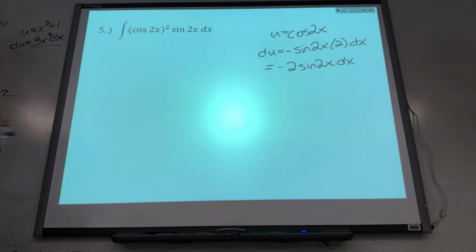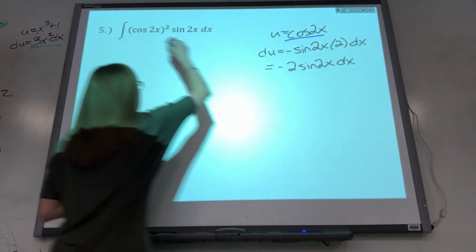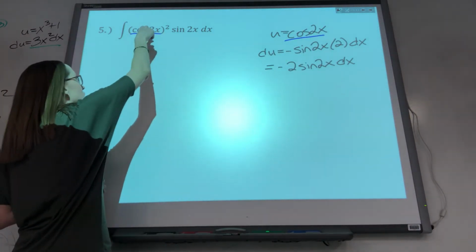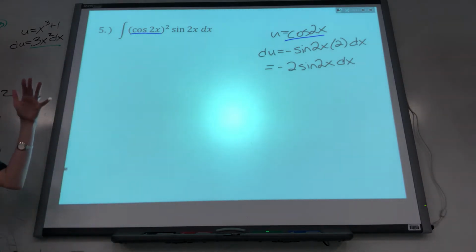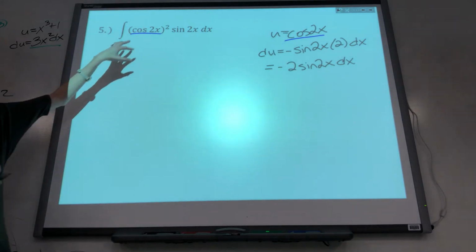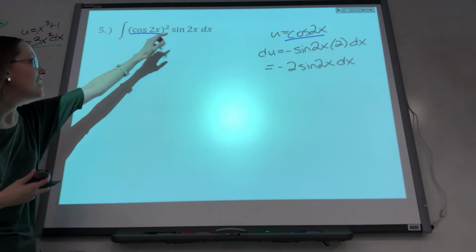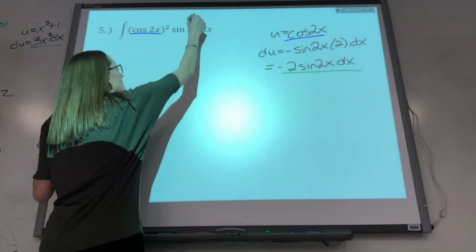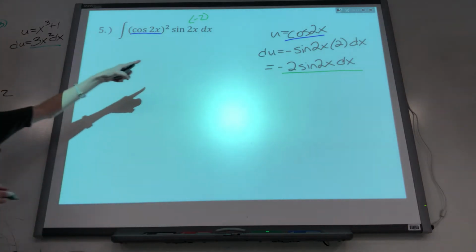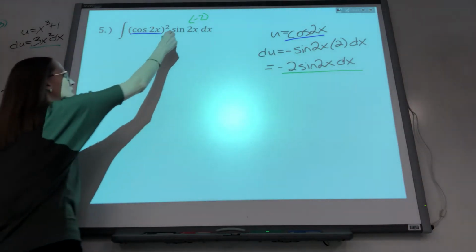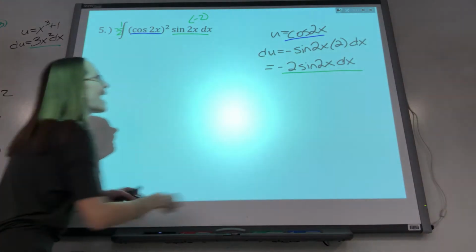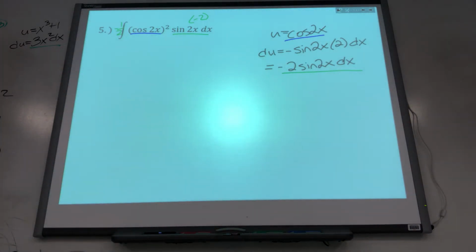That's what I need for du. So let's see what is going on. That is u. So in our next step, it should become u squared. And then I need all of that for du. So I'll have to put a negative 2 over there and a negative 1/2 out front. And then this should work out okay.